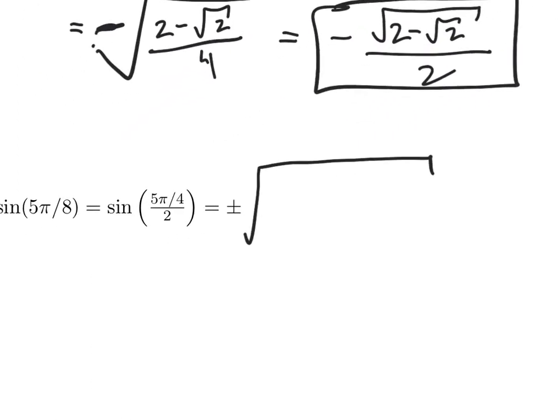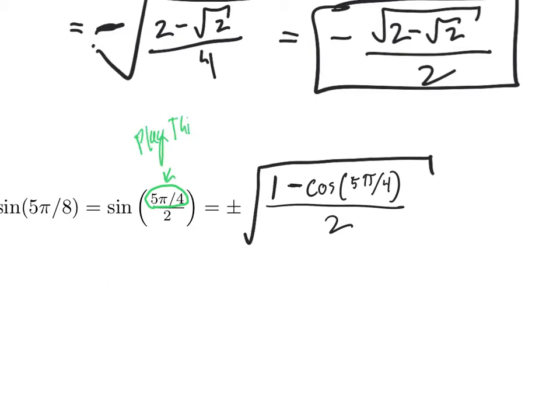So this will be plus or minus the square root of 1 minus cosine 5 pi over 4, over 2. So, all right, what am I going to do? This thing that is being divided by 2, not including the 2 in the denominator, plug this in for theta in the half angle formula.